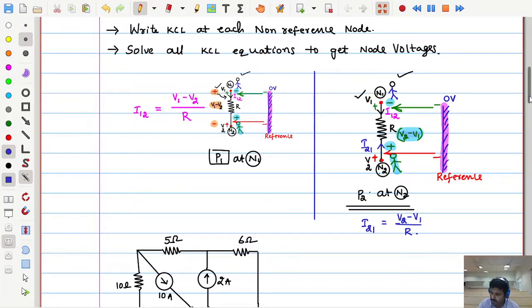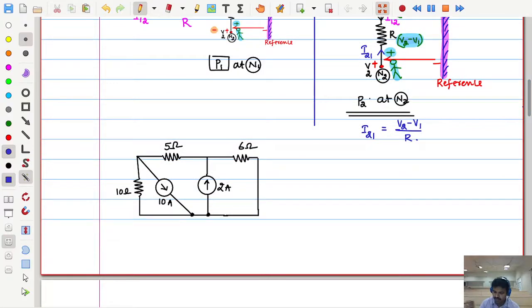Clear? So let us see this small problem, and let me introduce all the steps which we discussed so far. In this problem, first we choose one of the nodes as a reference.